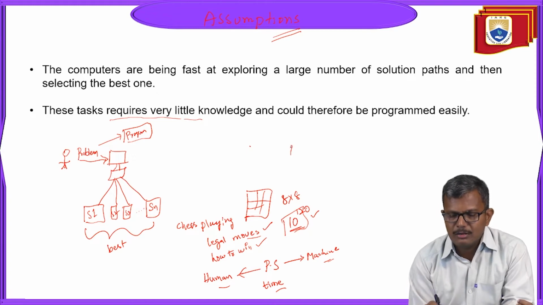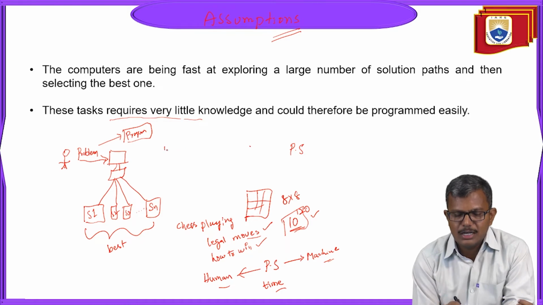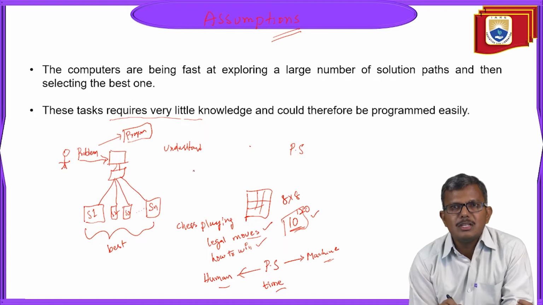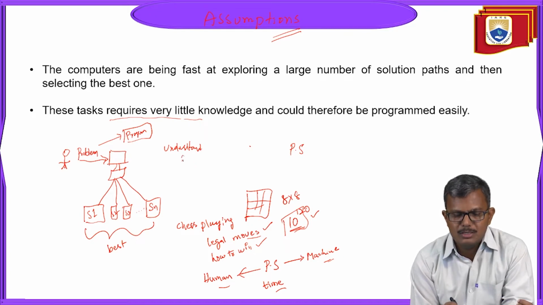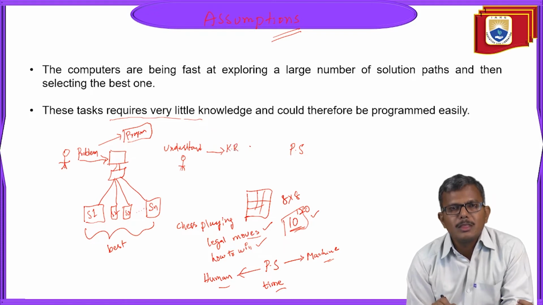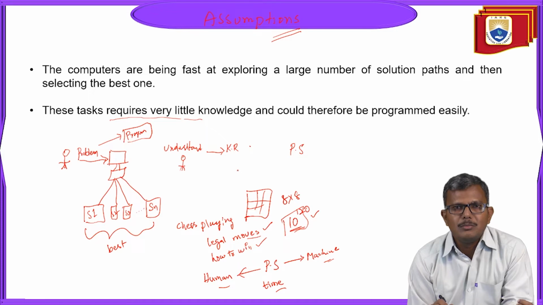Especially in the problem solving mechanism, first it starts with the understanding of the problem. The human has to understand the problem, and this entire understanding needs to be converted into knowledge representation, represented in such a way that machines can also understand.